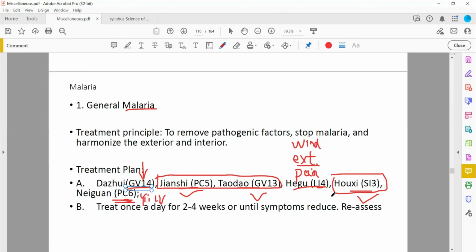So use this one for the exterior and this one for the interior, kind of for both interior and exterior.